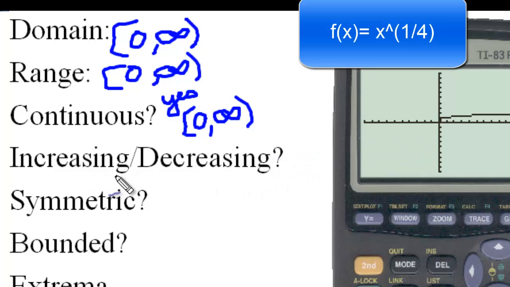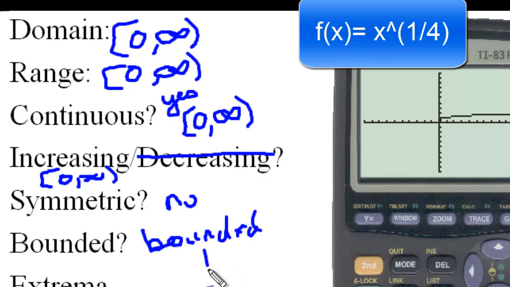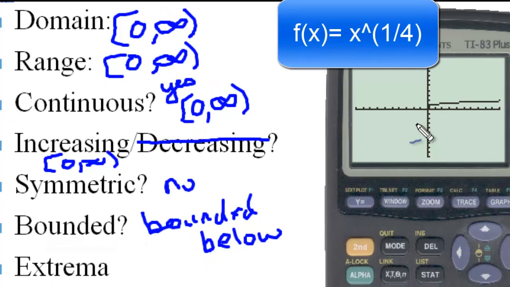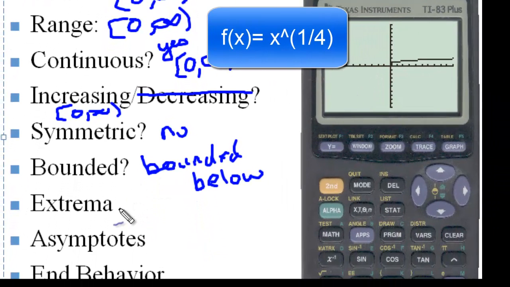It is increasing from 0 to infinity and not decreasing at all. It is not symmetric. It is bounded below. It never goes below 0. Extrema, maximum and minimum. There is a minimum at x equals 0.